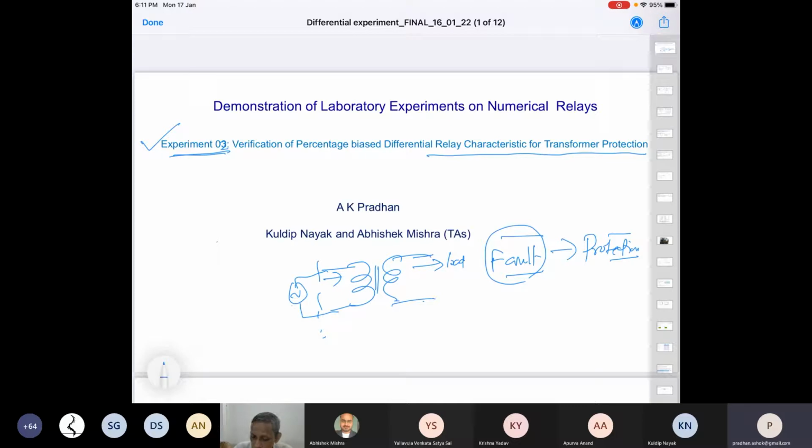But the reason for a fault is that a transformer has windings. Each winding has insulation. The insulation thickness or quality of insulation is decided by the voltage. But with time, this insulation degrades.